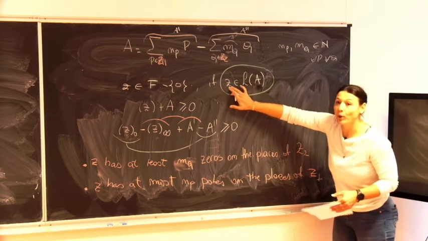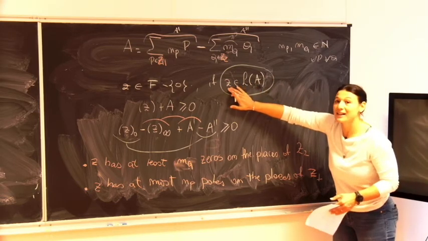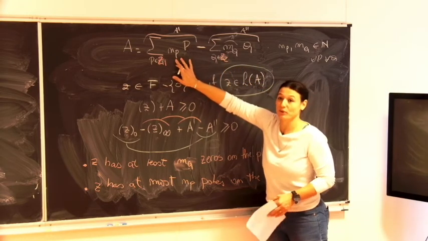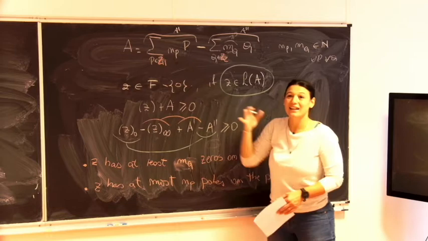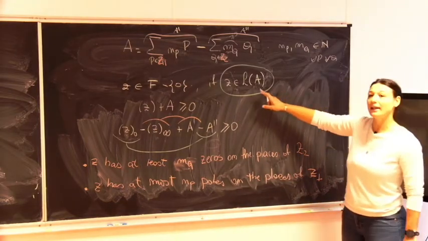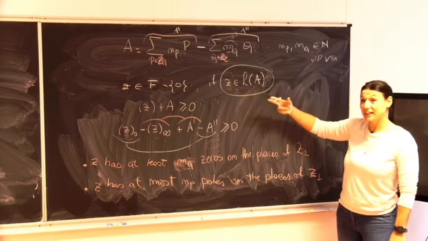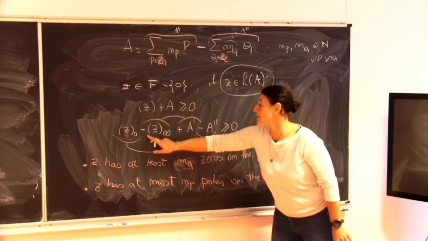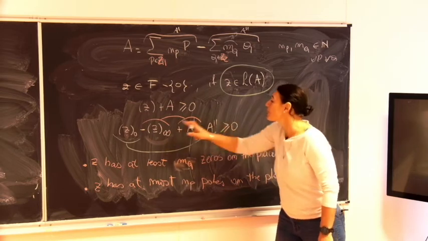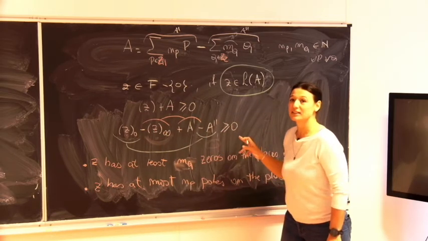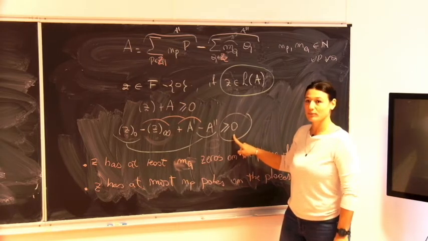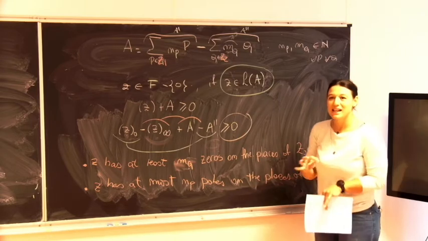And if the element has poles, the poles have to be on the support of A, where A has positive coefficients. I cannot have poles outside the support of A, because then I will have something negative here that will not compensate with anything else, and so I will not have that this is positive. Okay? That's the idea.